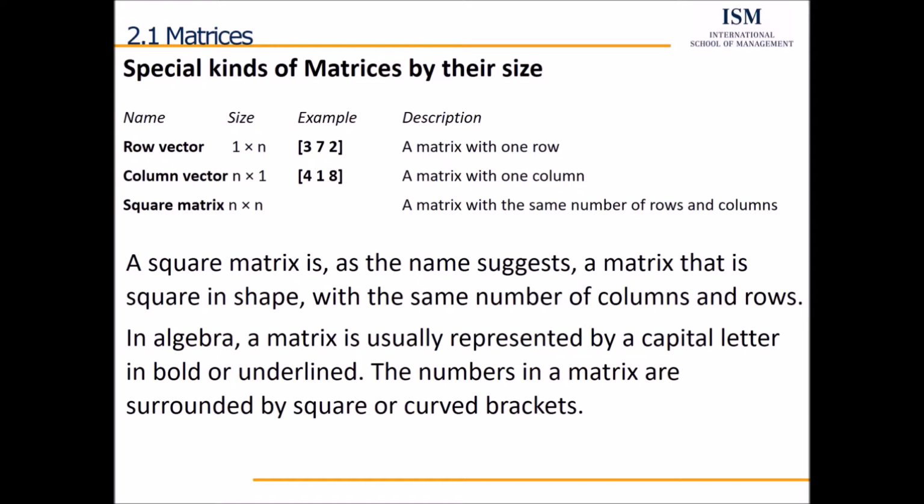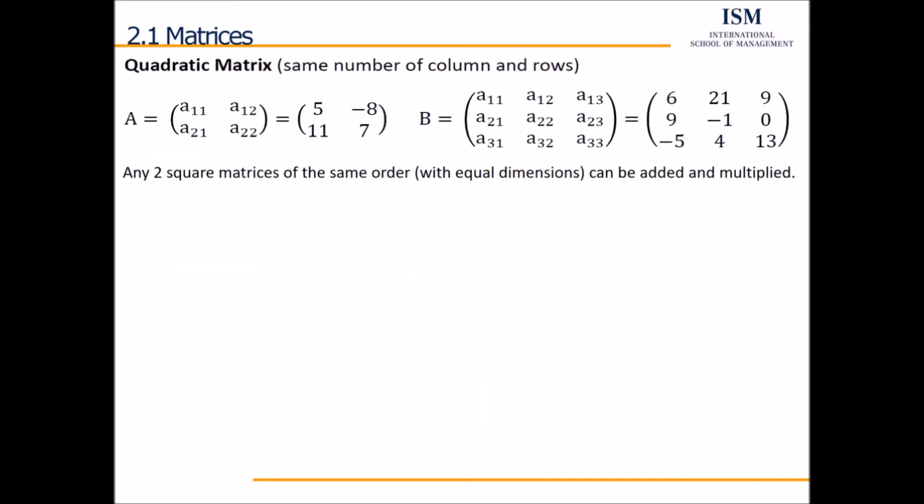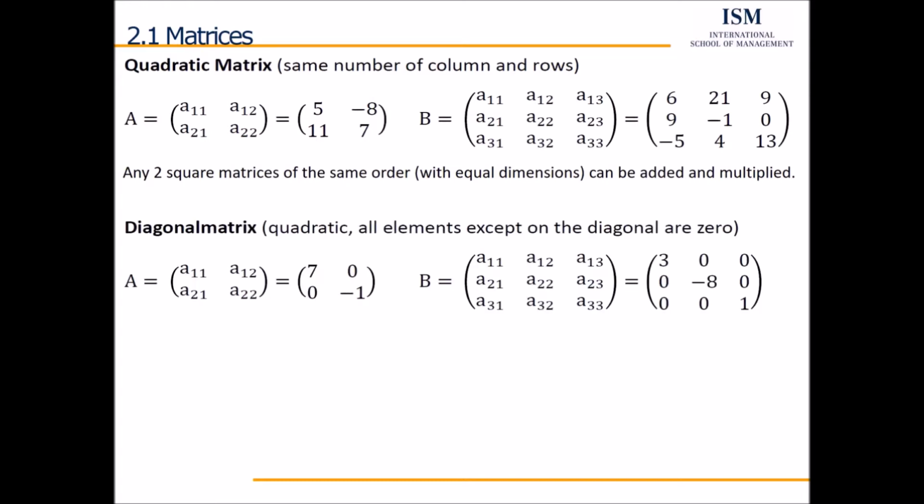There are some special kinds of square matrices. The most important are the diagonal matrix, which is a square matrix where all elements except the ones in the diagonal are zero.